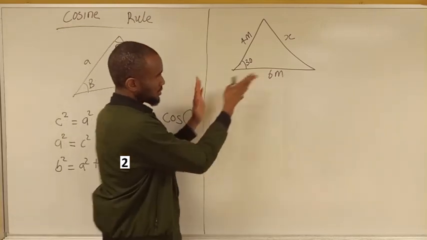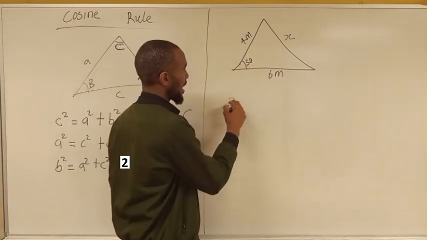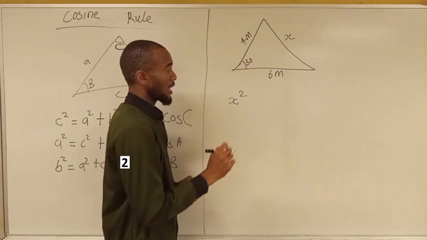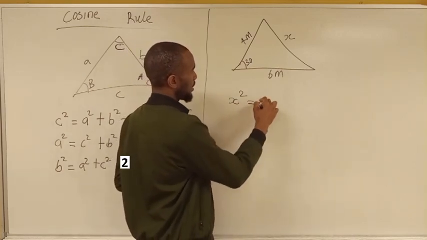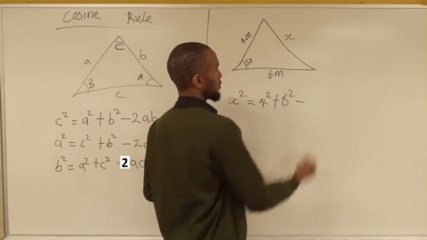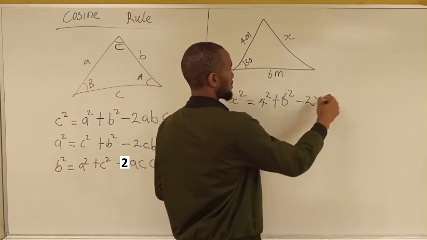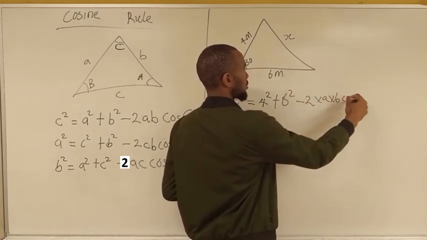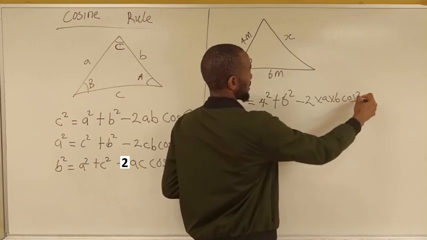Applying the cosine rule, s squared must be 4 squared plus c squared minus 2 times a times b cos of 30.